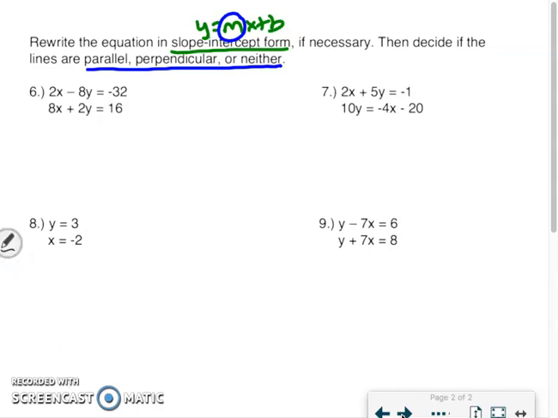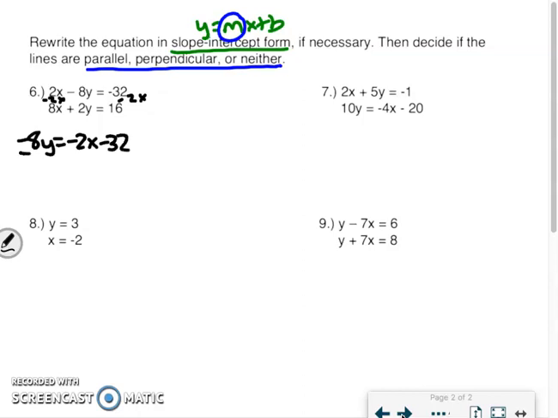We're going to change this first equation, 2x minus 8y equals negative 32, into y equals mx plus b form. So the first thing I might do is subtract both sides by 2x. So let me show my work down here. Negative 8y would then be equal to, I like to write the x part first, so negative 2x minus 32.